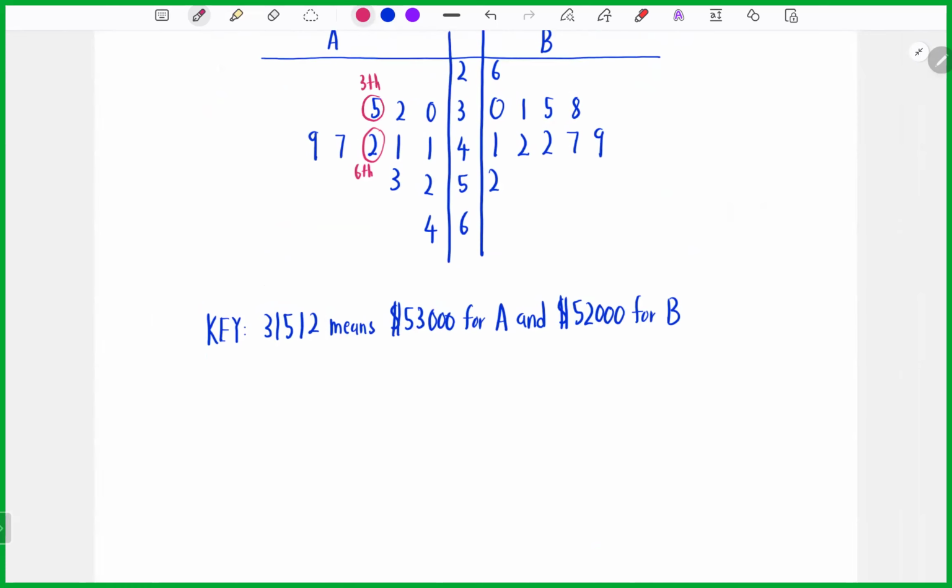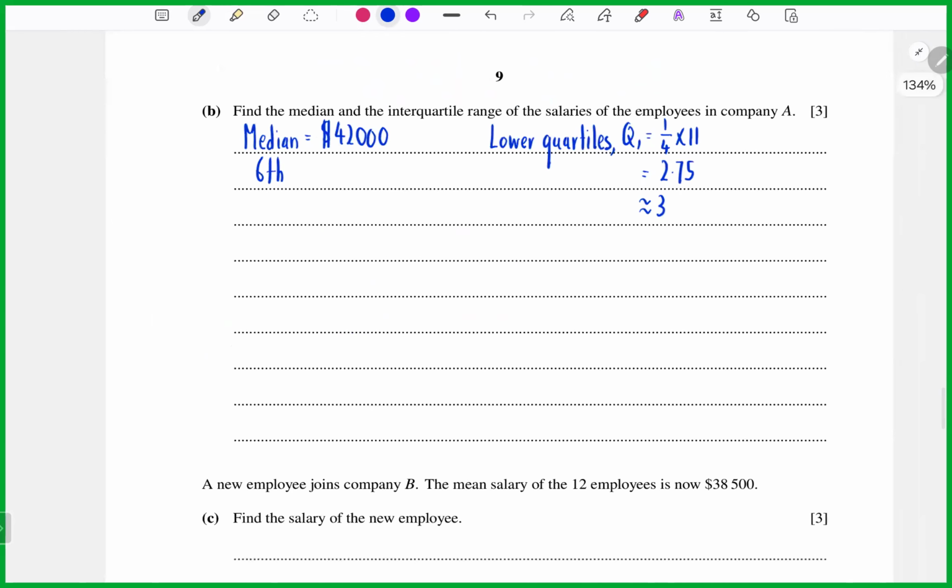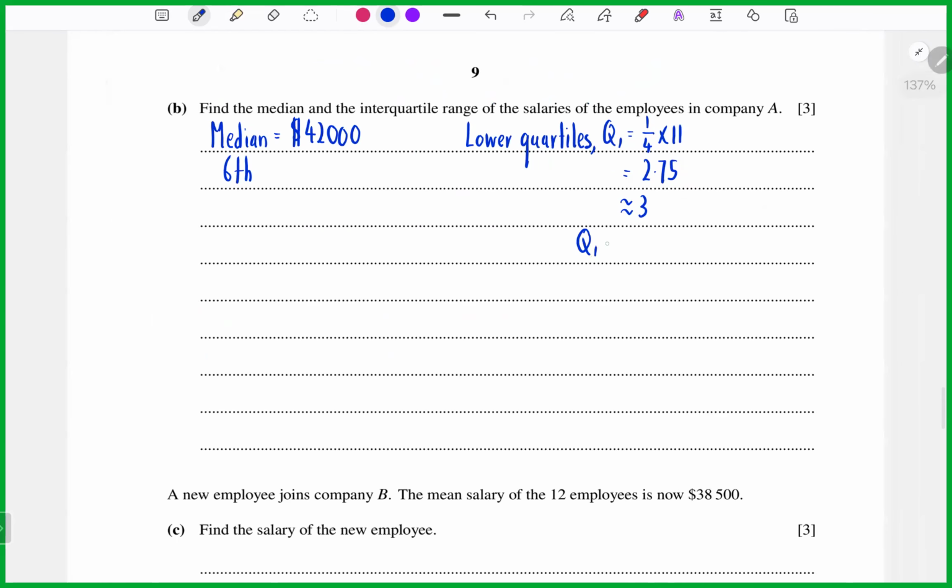Okay, here. So this is your lower quartile, Q1, which equals $35,000. Now we see the upper quartile.